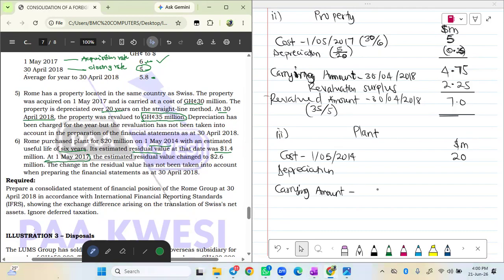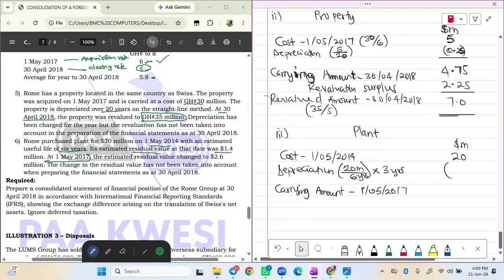So we determine the carrying amount as at 1st May 2017. So what will be the accumulated depreciation that we are going to calculate? How many years? 3 years. So it will be 20 million, which is in dollars already, divided by the useful life of 6, multiplied by the 3 years.